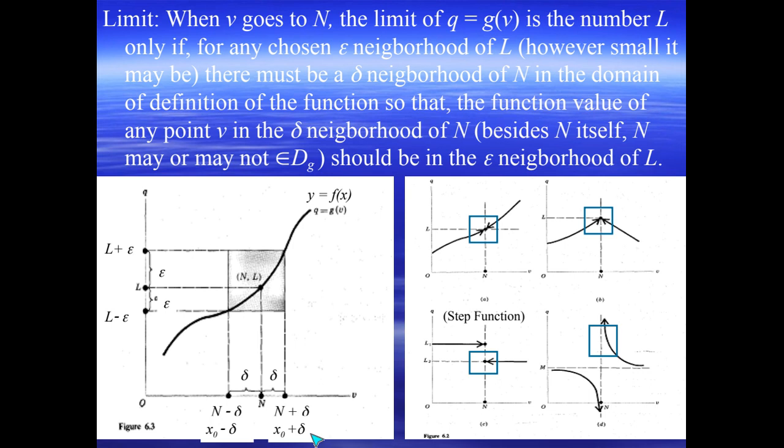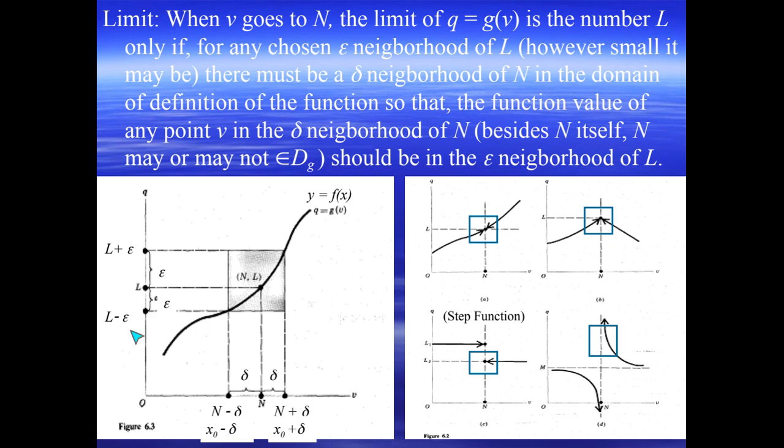They prefer L minus A1, L plus A2, and N minus B1, N plus B2. But it doesn't serve anything, it just complicates the thing even more. The definition itself is complicated. When you try to define it with asymmetric intervals, it becomes even more complicated.